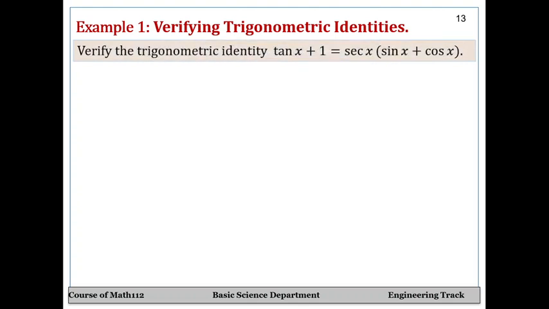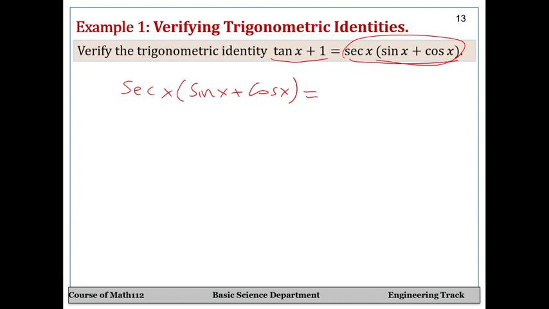Now it says verify the identity. Which one is more complicated? I will start from here, as it looks like there are more terms on this side. So it will be sine x plus cosine x. Now this will be equal to, okay, what is secant x? 1 over cosine x, right? So then I will multiply this with sine x plus cosine x.